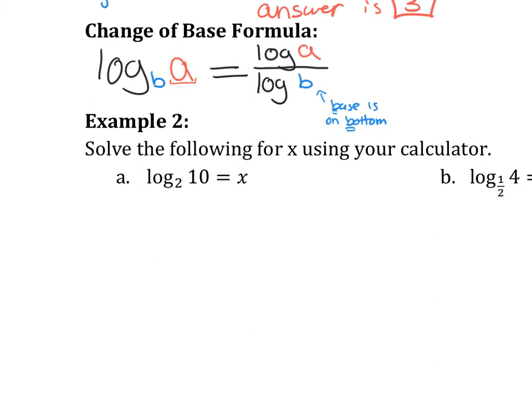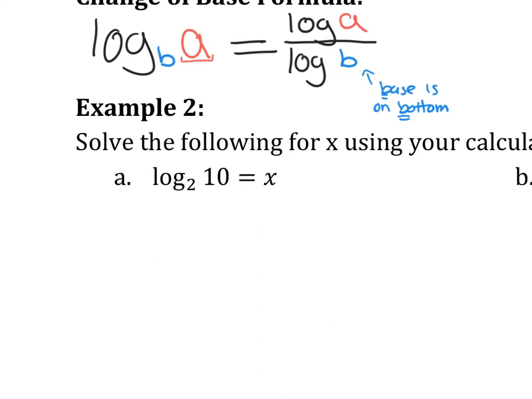So for example 2, like here, x is by itself already, which is good. That means we don't have to do any converting. We don't have to rewrite anything. We can just use our change of base formula to plug that into the calculator. So 2 is our base. 10 is the answer.